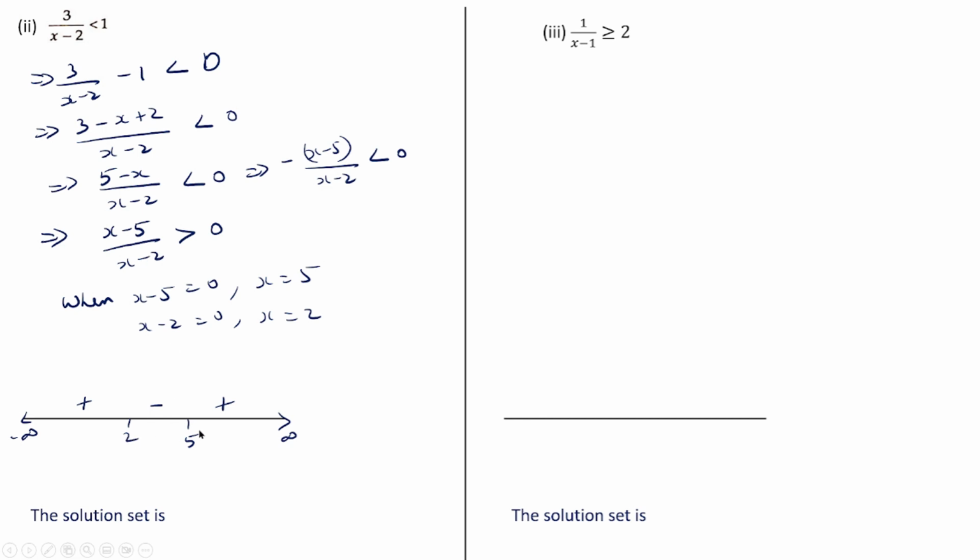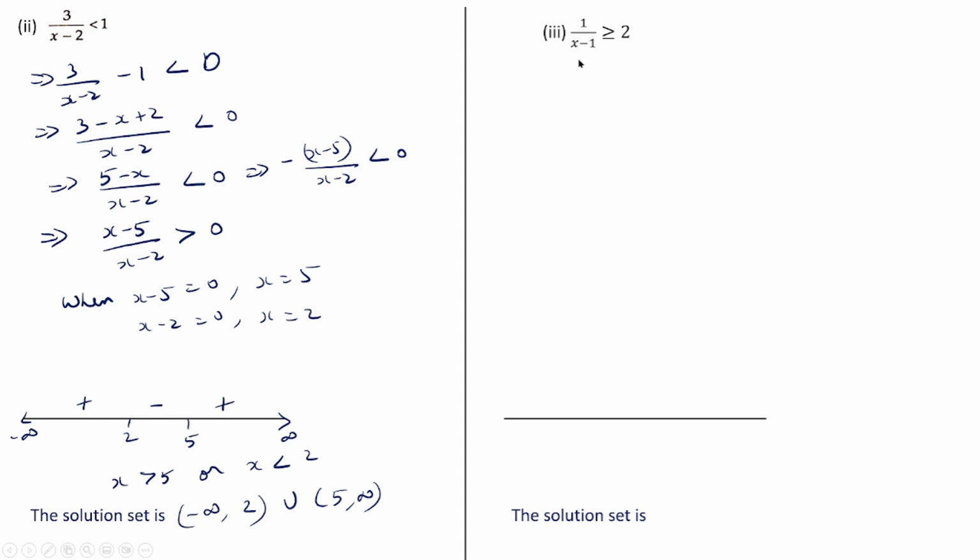So in this interval it is negative, whereas in this interval from minus infinity to 2, it is again positive. So we need to have the intervals in which this function is more than 0, that is, it should be positive. So here we have x greater than 5 or x less than 2. So the solution set is minus infinity comma 2 open interval union open interval 5 comma infinity. So this is the solution set.